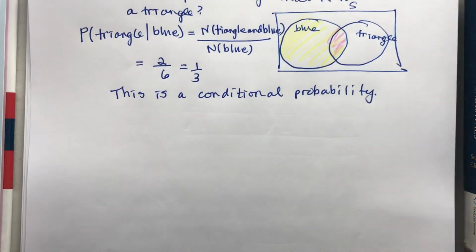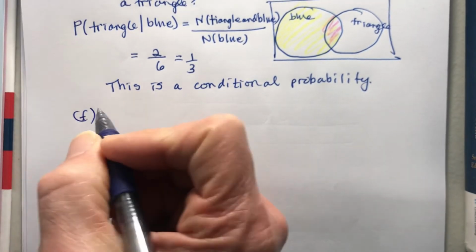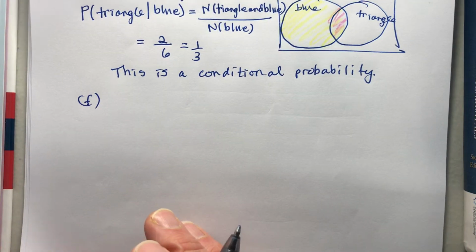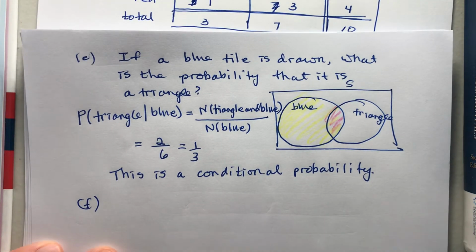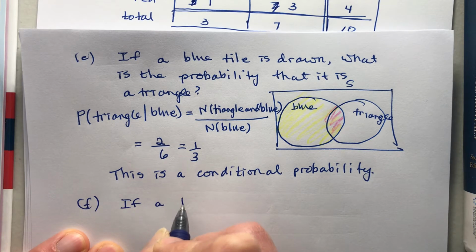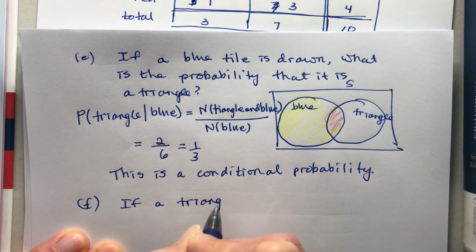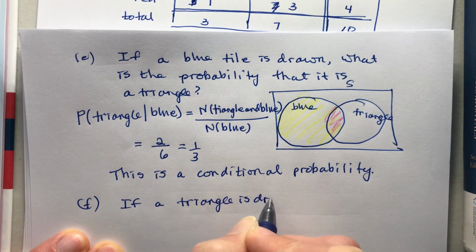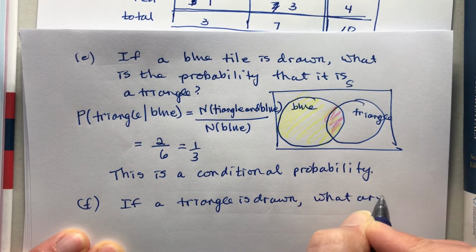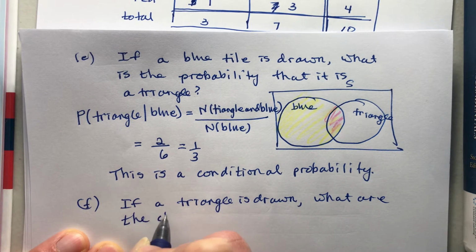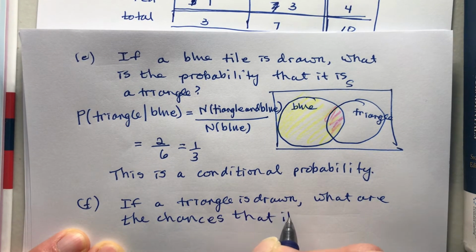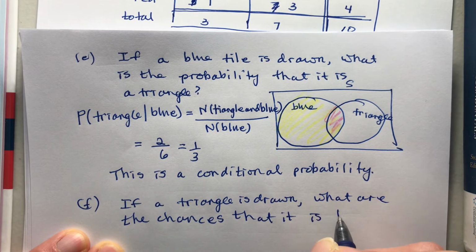All right, let's try the next problem, which is: if a triangle is drawn, what are the chances that it is blue?